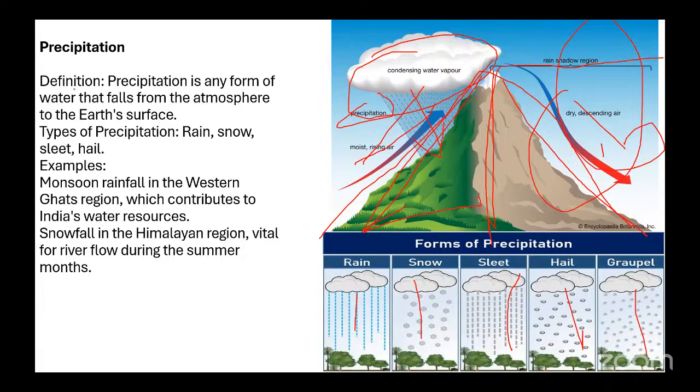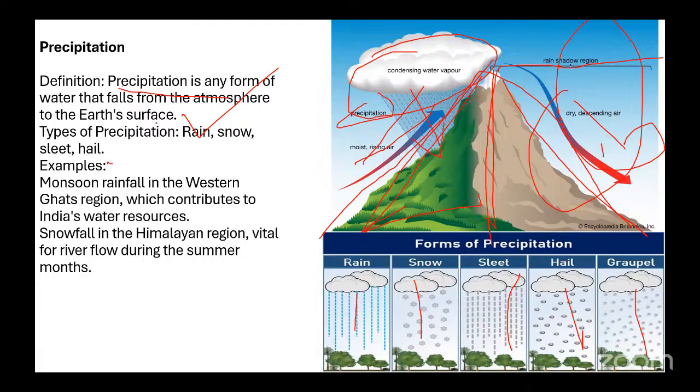Okay, we'll go for a definition. Precipitation is any form of water that falls from the atmosphere to the earth's surface. Types of precipitation: rain, snow, sleet, and hail. These are the main types of precipitation.